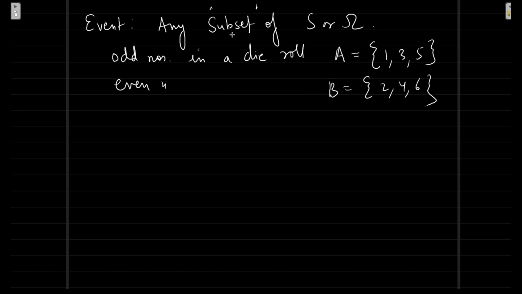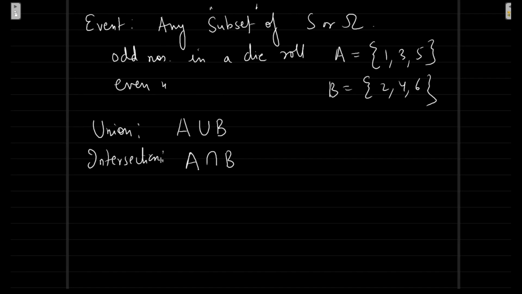Now we are trying to relate the simple idea of set theory. What will be A union B and A intersection B? Suddenly I come up with the words union of events and intersection of events.